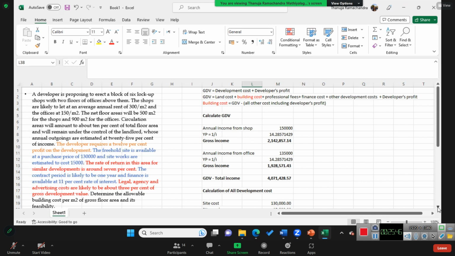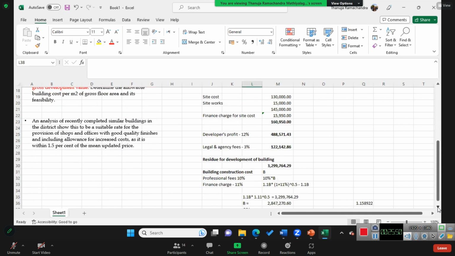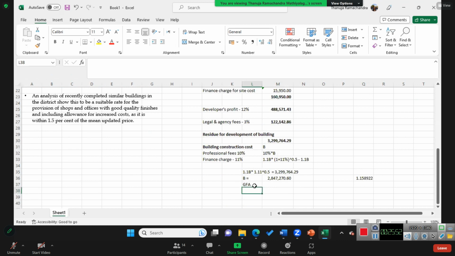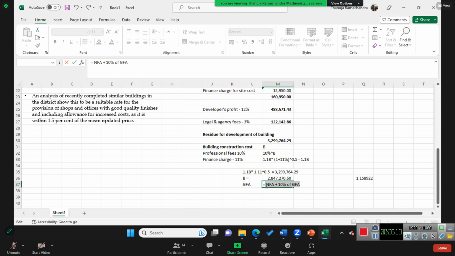So gross floor area is net floor area plus circulation. Circulation is 10% of GFA.